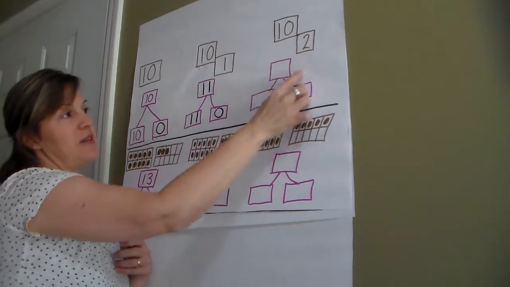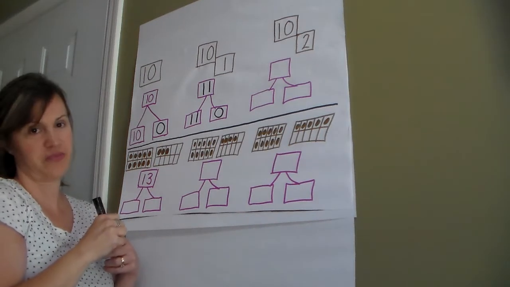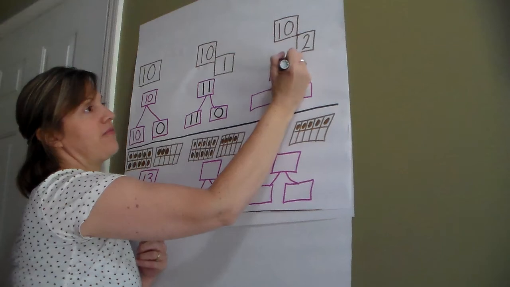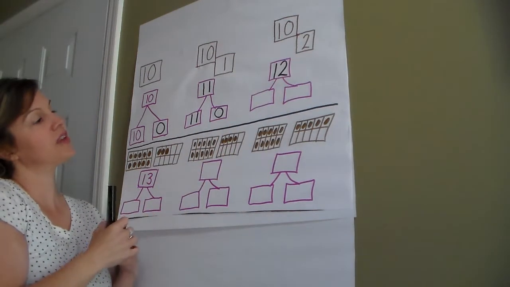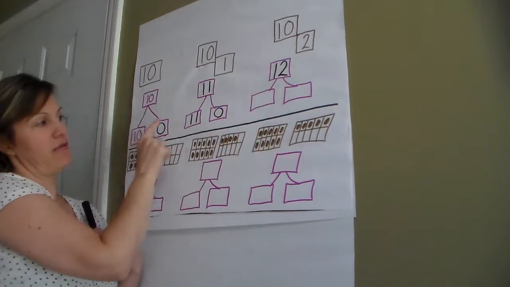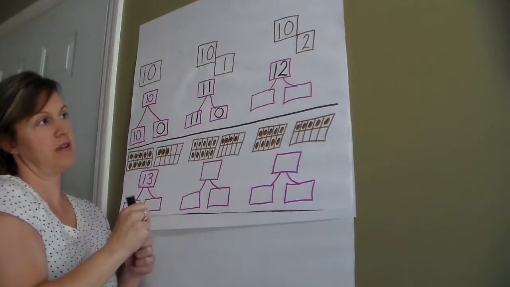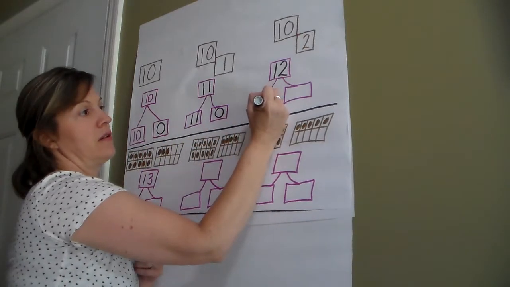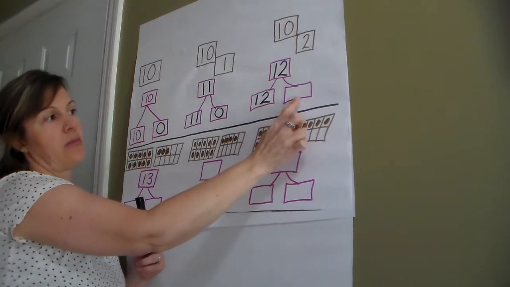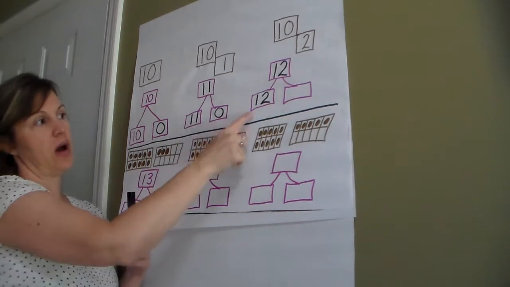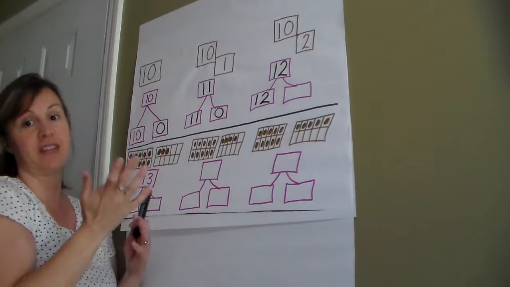So this time inside the number bond, I'm going to put that number 12. Now over here, I'm just going to keep following with the pattern. I'm going to put the 12 in here. So that's one of my parts. And what's the other part that I need? 12 plus something equals 12. 0.